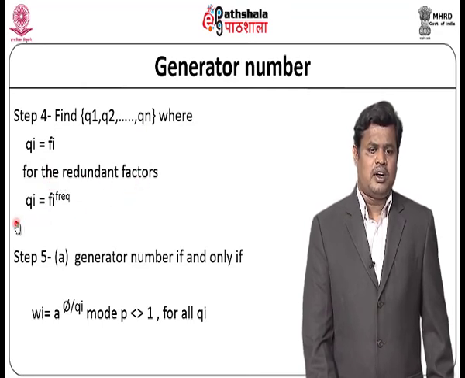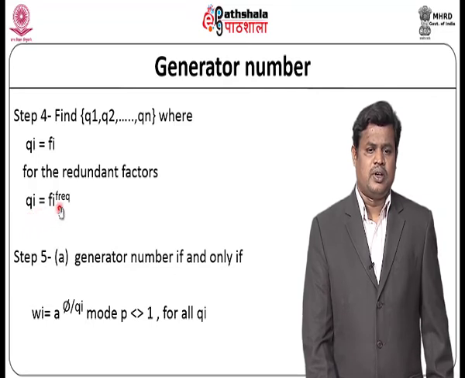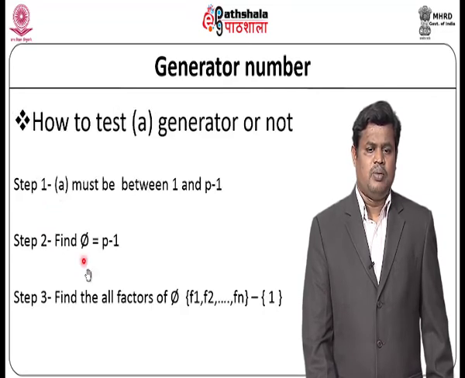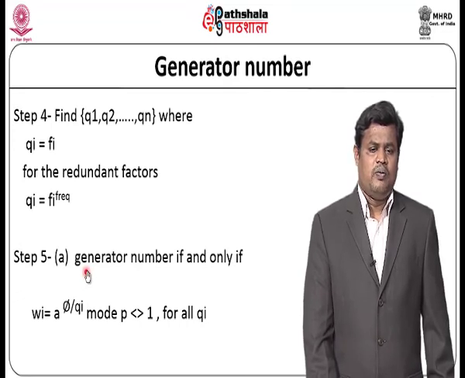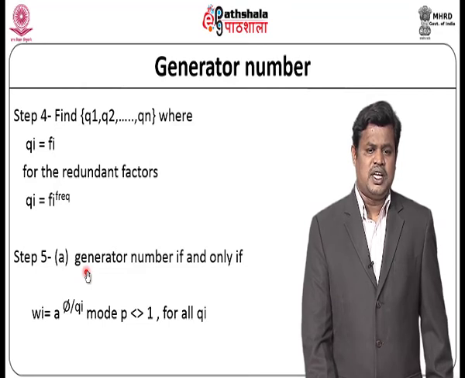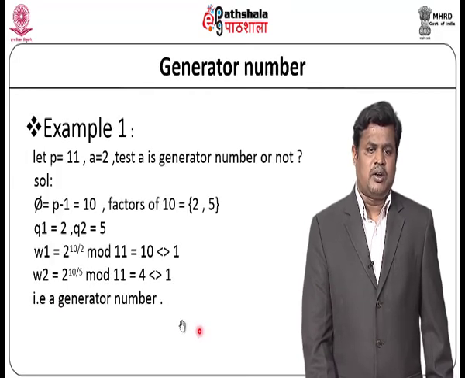Then we identify qi equal to fi frequent, which we can use for generating. So a particular number is a generator if and only if wi is equal to a power phi divided by qi mod p is not equal to 1 for all qi. Now let us look into this example.